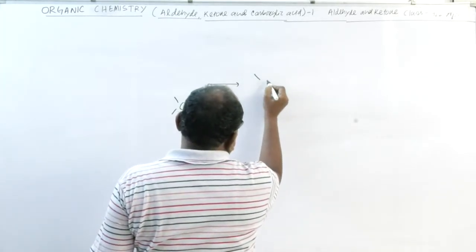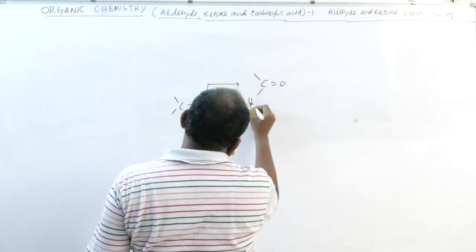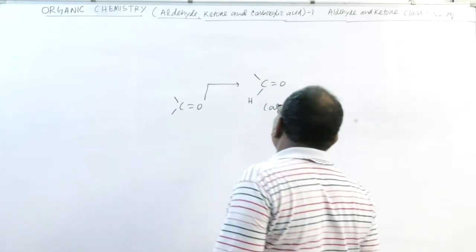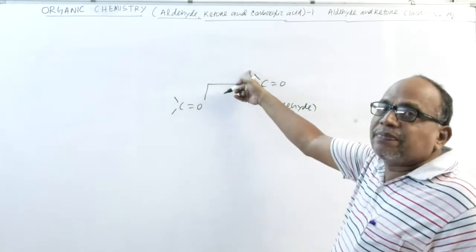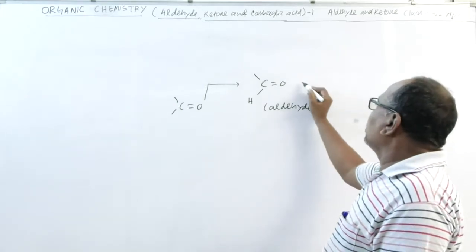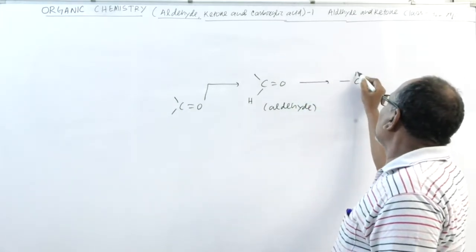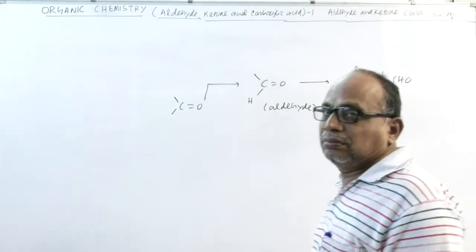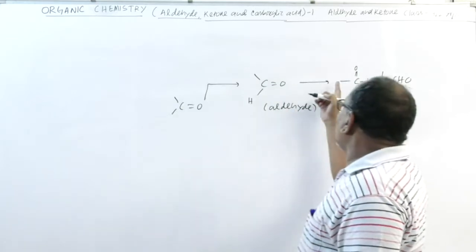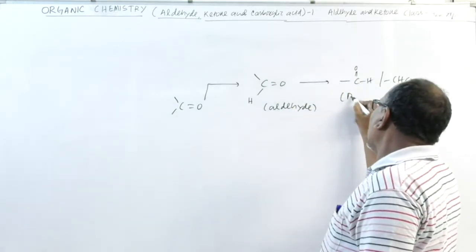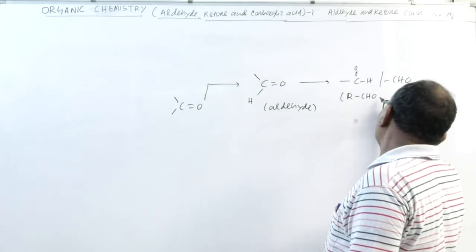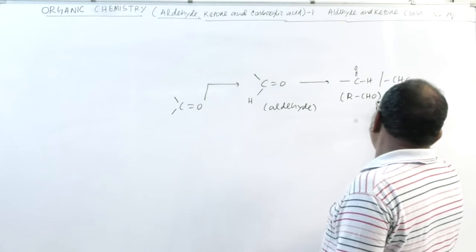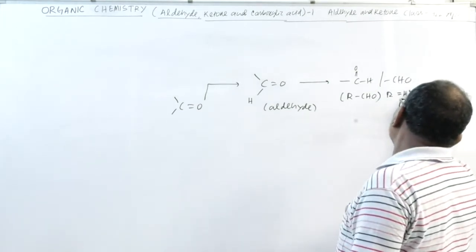That is C double bond O H, and the other may be H or R. So the functional group is C double bond O H, or simply CHO. With any alkyl group, we write RCHO, that is called an aldehyde, and the R may be H.